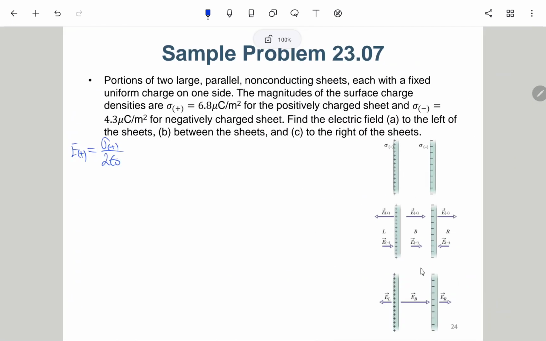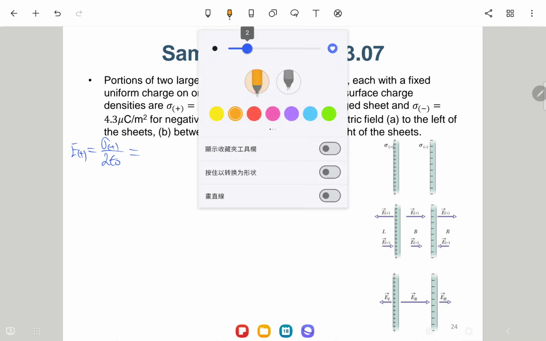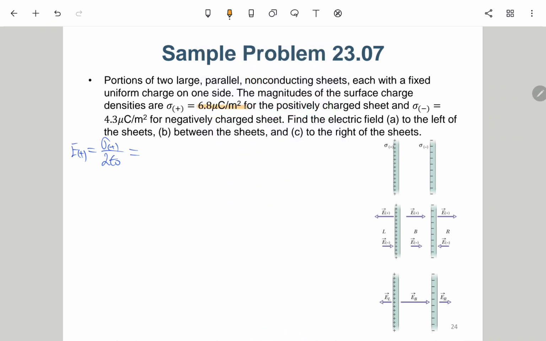So we can compute E plus as sigma plus divided by 2 epsilon naught, which is 6.8 microcoulomb, 10 to the minus 6, over 2 times 8.85 times 10 to the minus 12. This number is 3.84 times 10 to the 5th power Newton per coulomb.